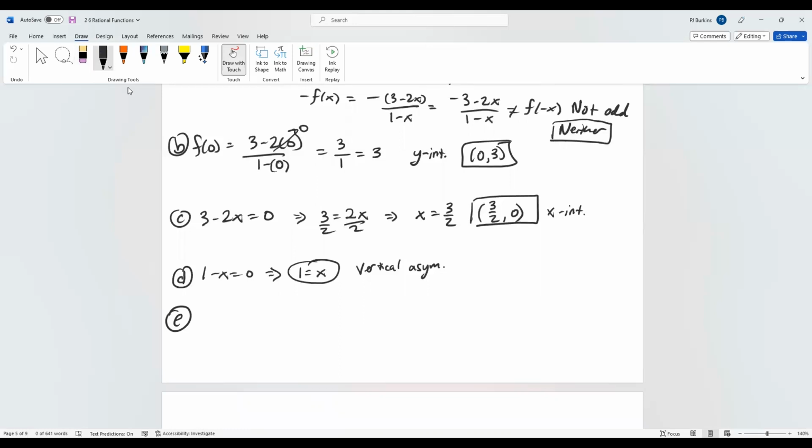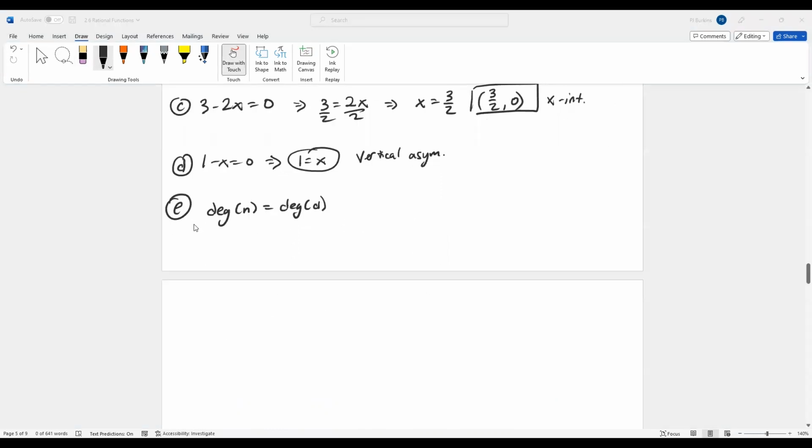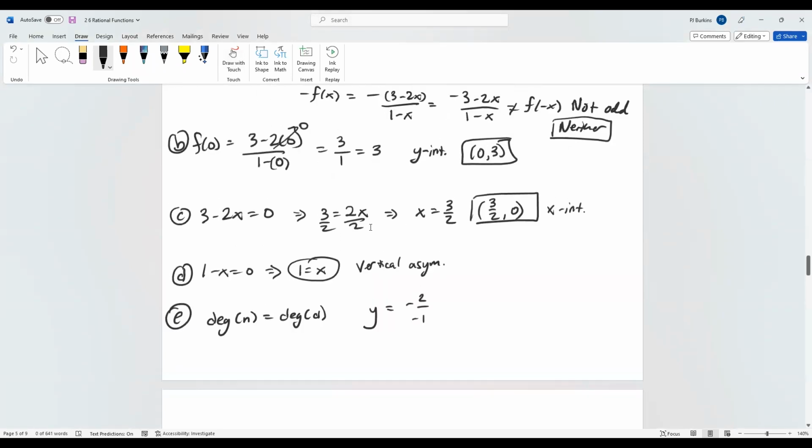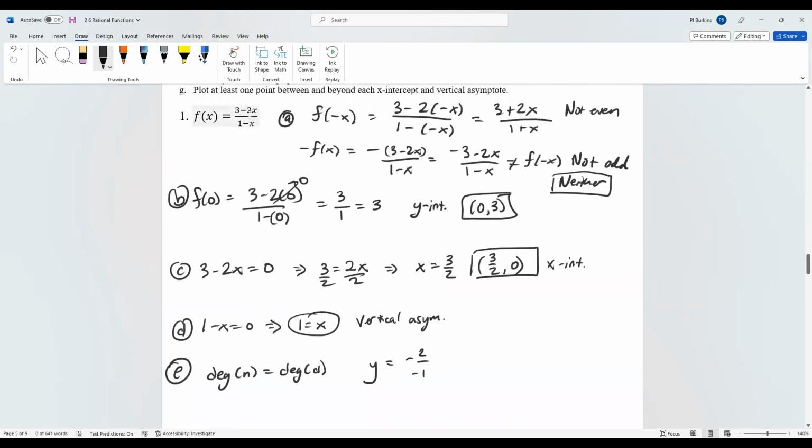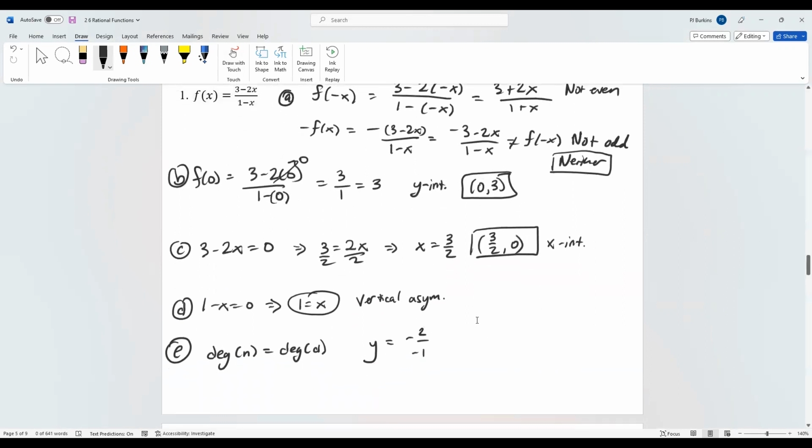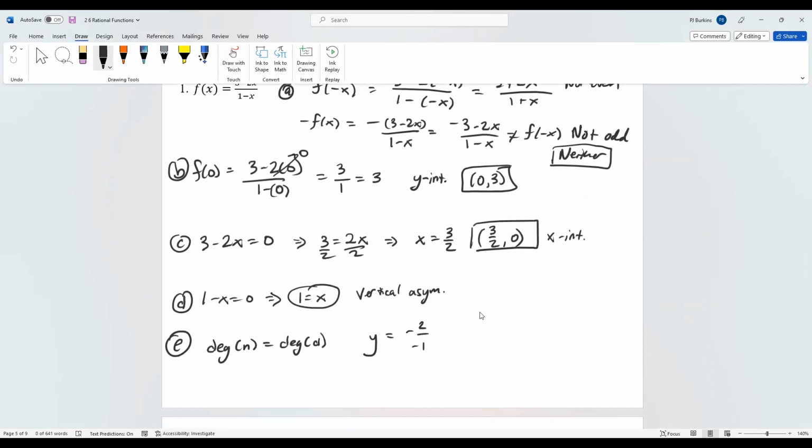If the degrees are equal, then the leading coefficients tell us the equation. So it'd be y equals negative 2 over negative 1, right? The leading coefficient here is negative 2, here it is negative 1. So that gives us the equation y equals 2 for our horizontal asymptote.